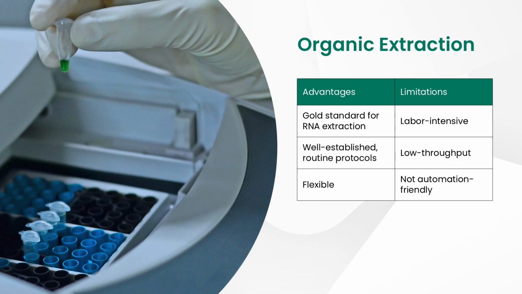Handling phenol and chloroform requires strict safety precautions, and managing chlorinated waste is a challenge for modern labs focused on greener solutions. Today, while still respected for its reliability, organic extraction has largely been replaced by faster, safer, and more scalable methods, namely, spin columns and magnetic beads.